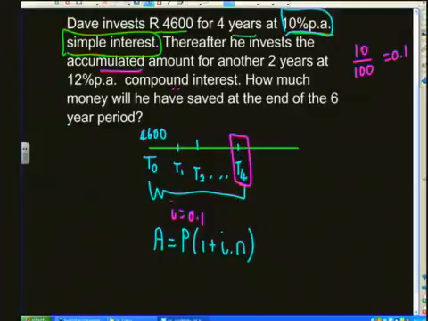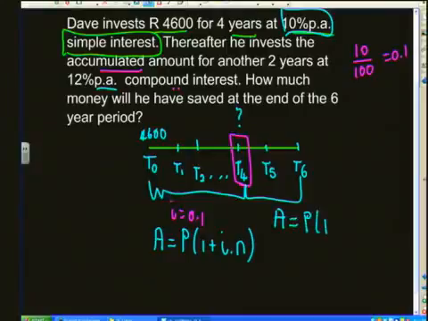So another 2 years. So we're going to carry on our timeline. We've got year 5 and then year 6. Okay, so whatever he's got at that point, he takes that and he invests it for 2 years at 12% per annum compound interest. Compound interest, that means for the final 2 years, what are we going to be using? The compound interest formula.